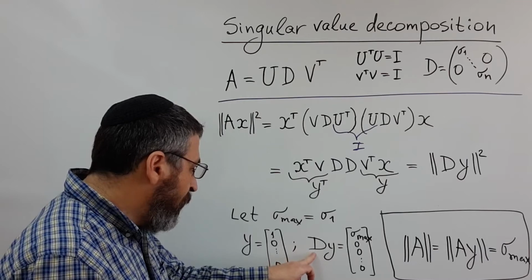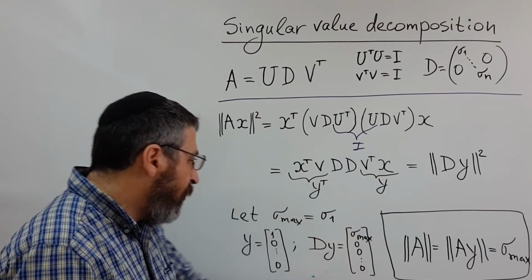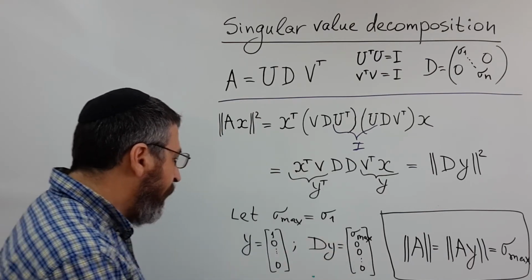Then DY, the diagonal matrix multiplied by Y, will just give you sigma max in the first position.